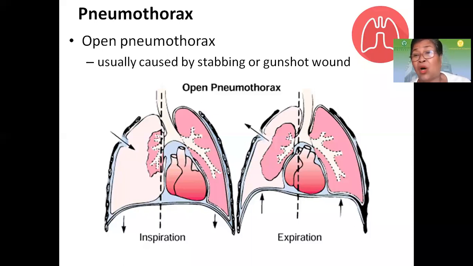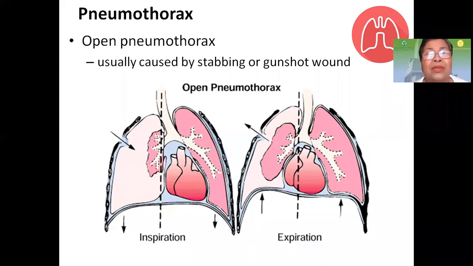Unaffected, ibig sabihin contralateral during inhalation. Okay. How about during exhalation? During exhalation, dapat yung hangin lalabas, pero dahil may butas, yung hangin lumabas dito sa butas, nabawasan ang pressure in the pleural cavity, kaya the mediastinal structure goes back to the affected side.